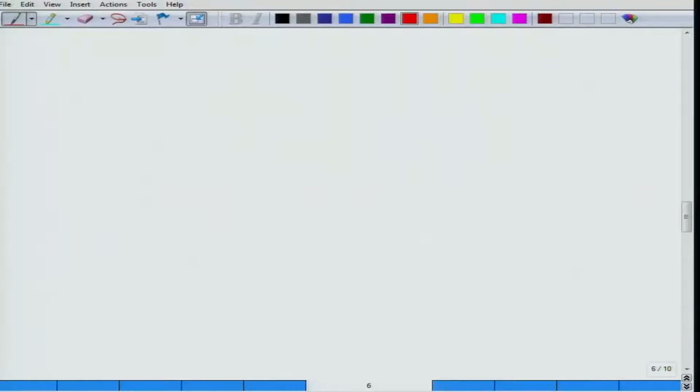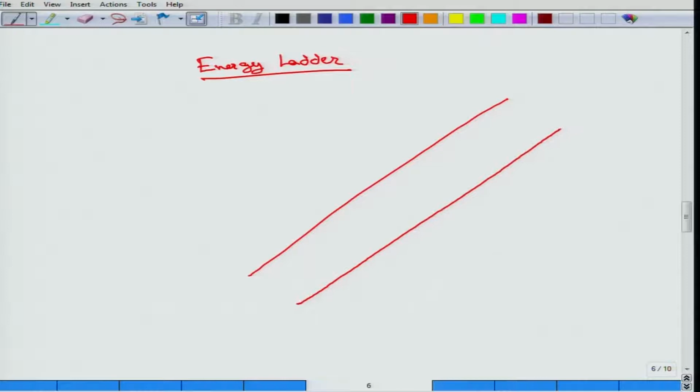I would like to tell you one more concept here, that is the energy ladder. What is the energy ladder? The energy ladder tells us the quality of energy based on its cost or cleanliness or the kind of fuels we are using. So this is a ladder, it helps us to climb up.